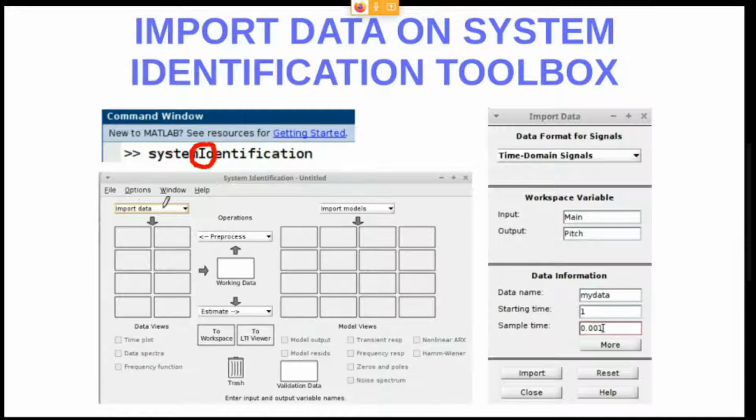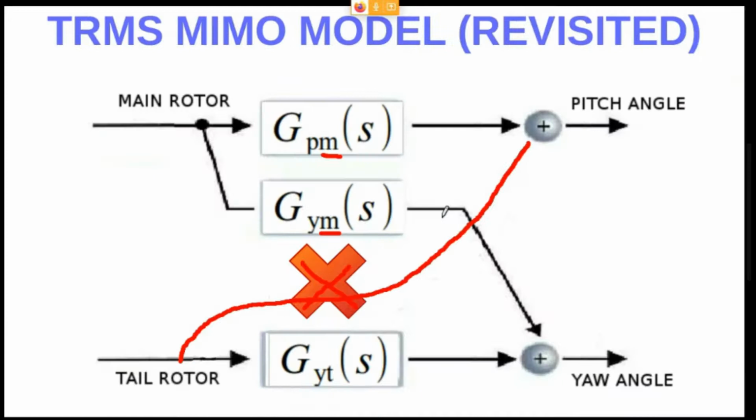If we click on import data, then we can select time domain signals here in this pop-up menu, and we're expected to tell MATLAB that the workspace variable, first of all, will be main, because this is the input, and pitch, because now we're gonna find the transfer function that we have called GPM, this one in here.